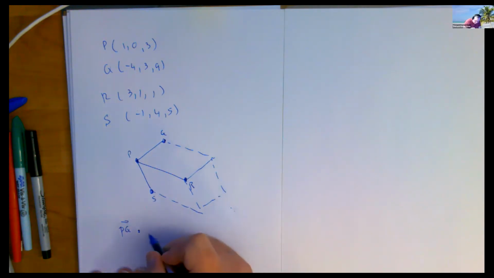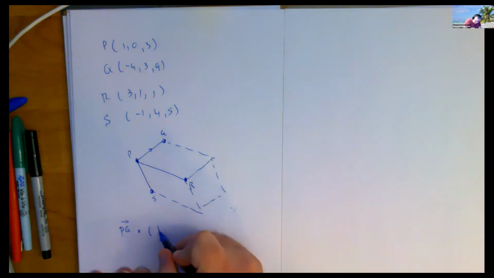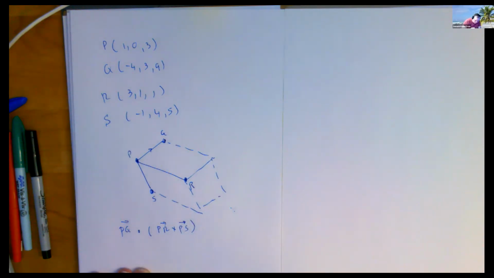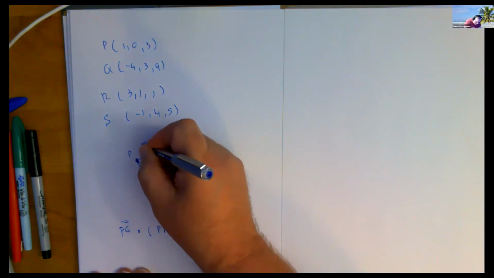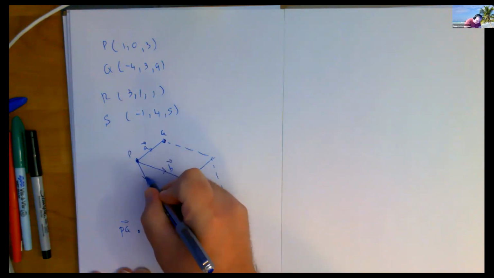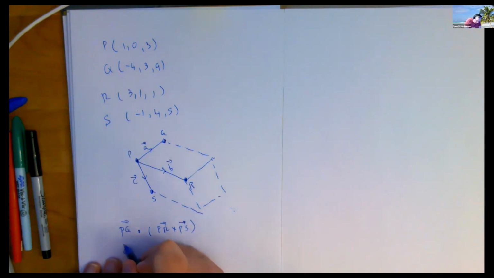Okay, I think I caught you. So we're going to go PQ and do those guys. If I call this fella A, and I call this guy B, and I call this guy C, what I've just written down here is A dot B cross C. Does that make sense?